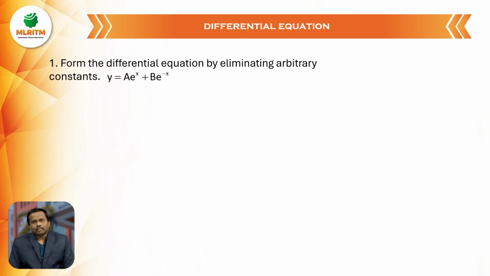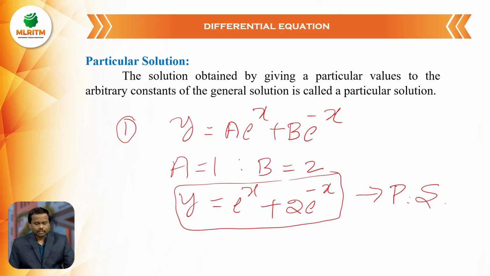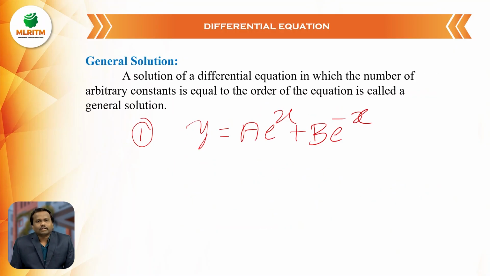How many arbitrary constants are there? There are 2 here. So what is the order of the differential equation we may get? Here the order is 2 because of this definition of the general solution: the number of arbitrary constants is nothing but the order of the differential equation.